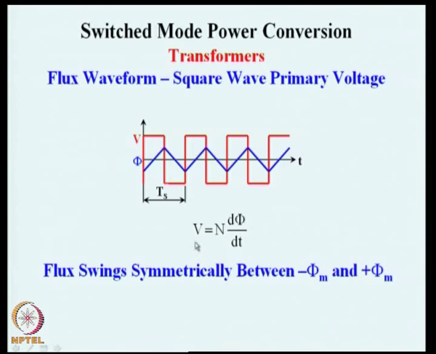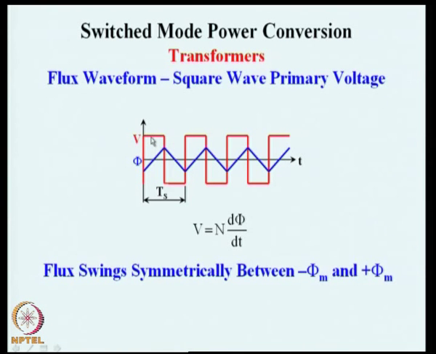This property can also be seen graphically here. If a square wave voltage is applied to the winding, the integral of a square wave is nothing but a triangular wave. When the voltage applied to the winding is constant, and that constant is integrated, you get a triangular kind of flux.